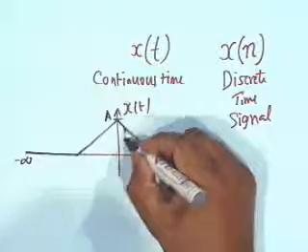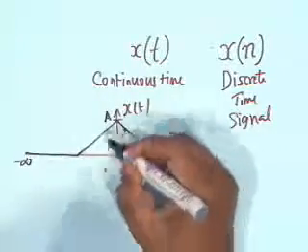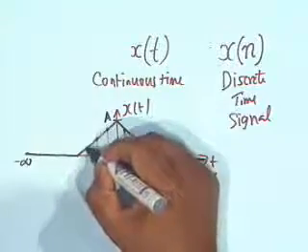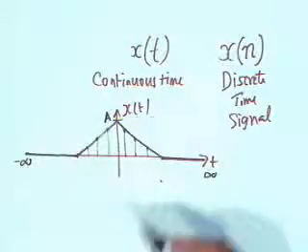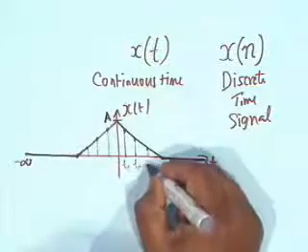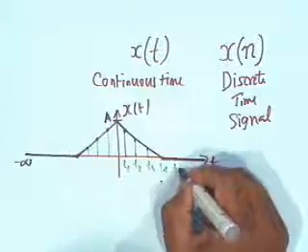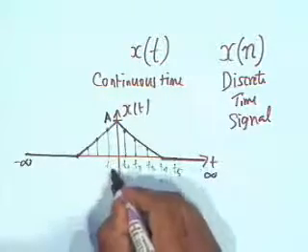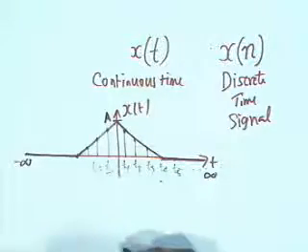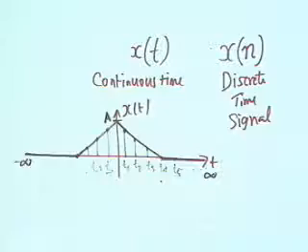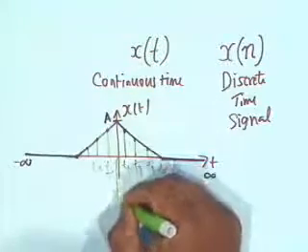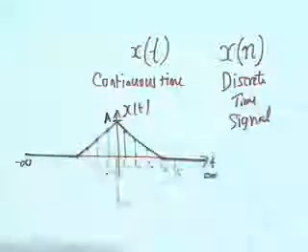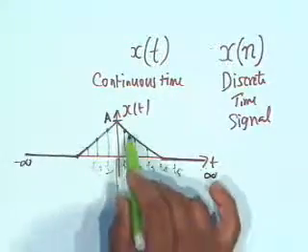On the other hand, if I have a signal in which only values at discrete instants of time are known, that is, let's say t1, t2, t3, t4, then t5 and so on, similarly t minus 1, t minus 2 and so on, and at t0, if this signal is known at only these discrete instants of time, their amplitudes are known.